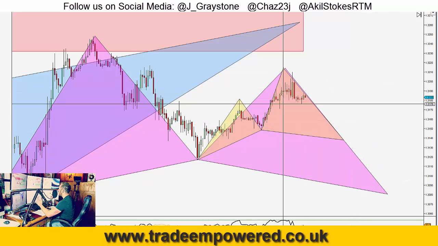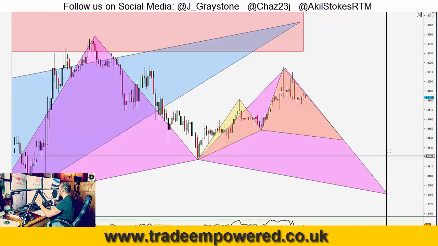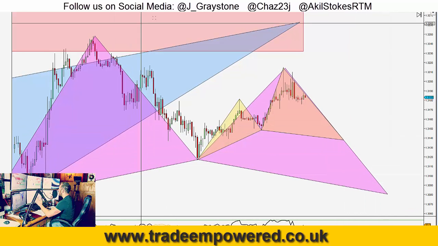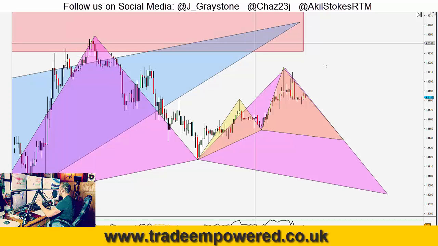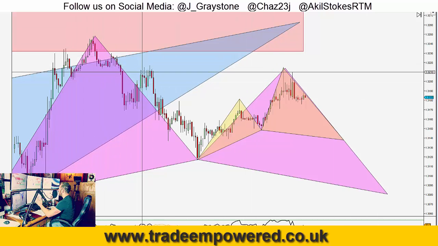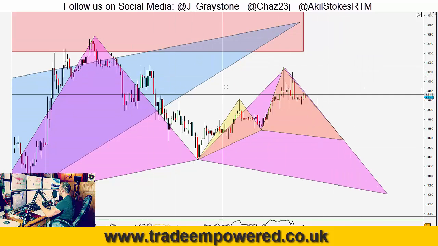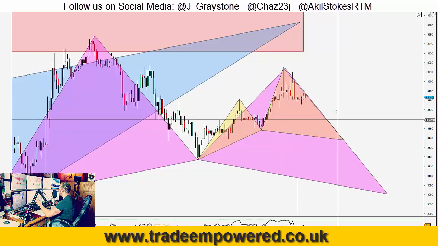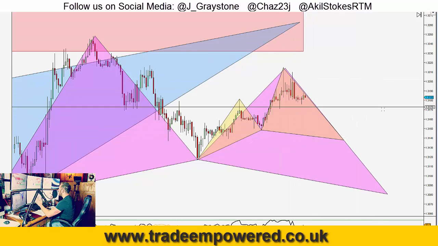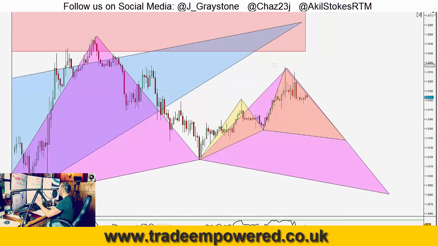So as you can see, a potential Cypher completing first before the Gartley. So I just wanted to share with you the fact that in this consolidation zone, I've got a Bat formation, I've got a Gartley formation, and I've got a Cypher formation, all high probability trading opportunities, all potentially completing within this consolidation zone. So I just wanted to demonstrate how effective they are, how frequent they appear.